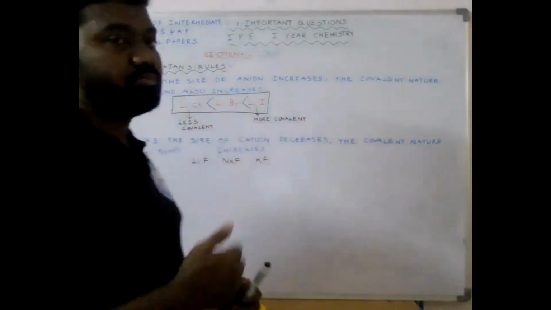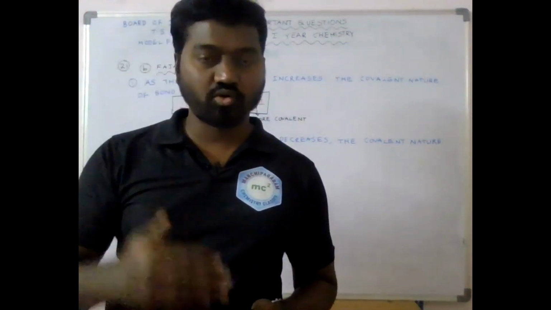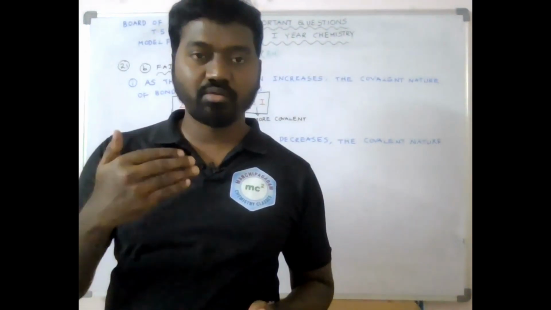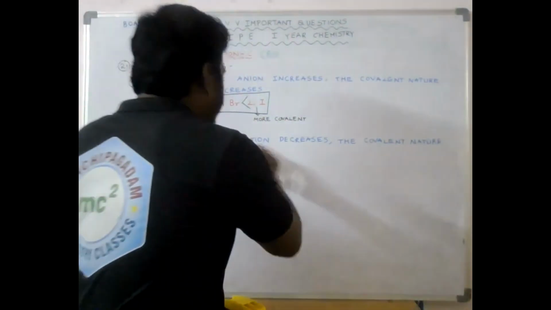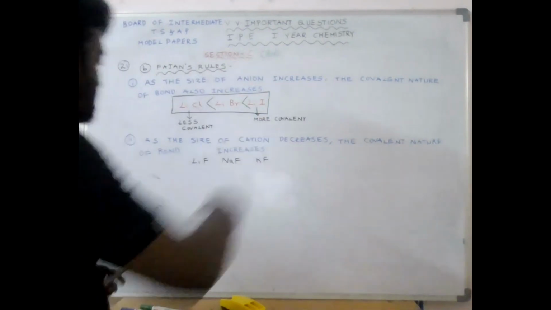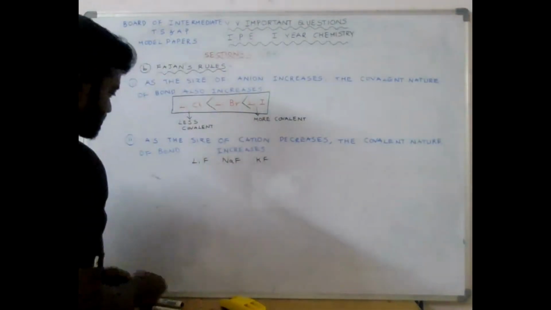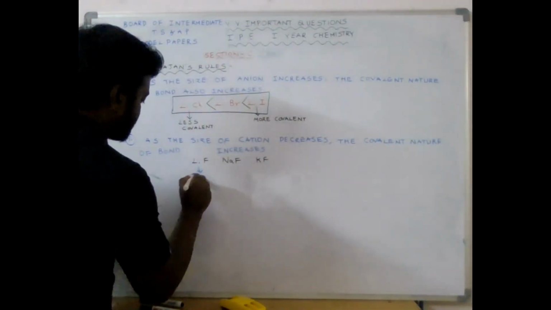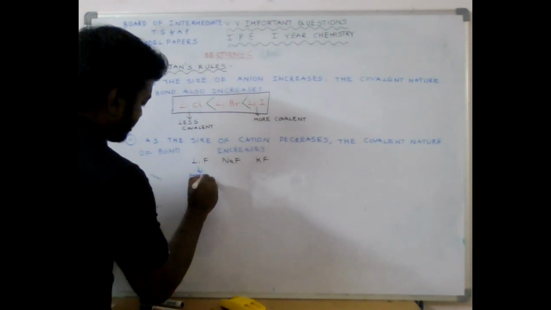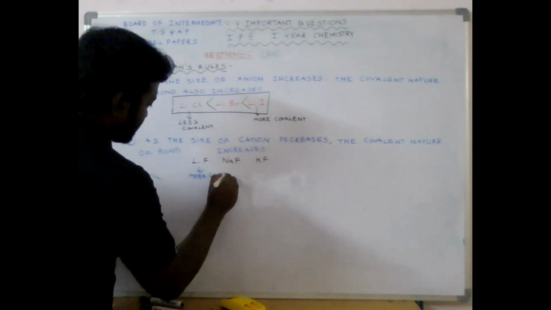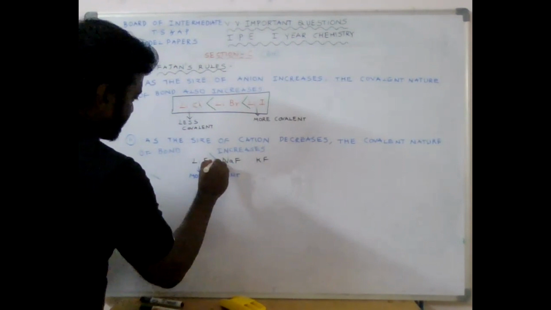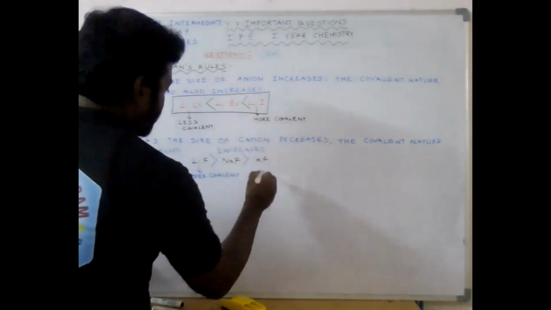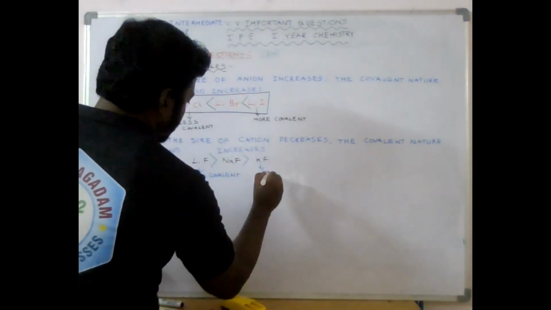Lithium, sodium, potassium are all present in the group. From top to bottom the size increases. Lithium has less size. As the size of the cation decreases, the covalent bond increases. So lithium fluoride is more covalent, greater than sodium fluoride, and potassium fluoride is less covalent.